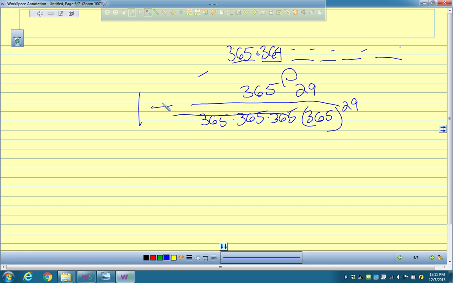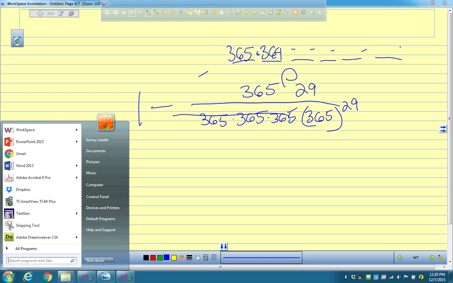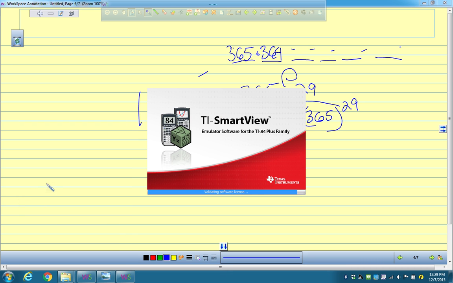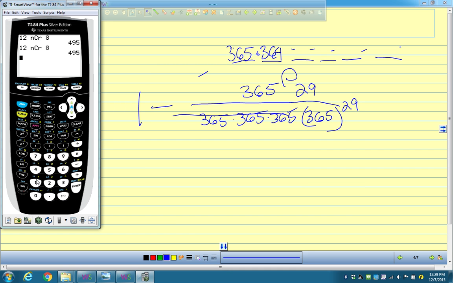So that's the way you do it. You could do this on a calculator. Look, it's kind of cool. Where's my calculator? There it is. The permutation key is on your calculator. And so you're going to go 365, math, the PRB key, nPr is over there, 365 nPr 29, okay?